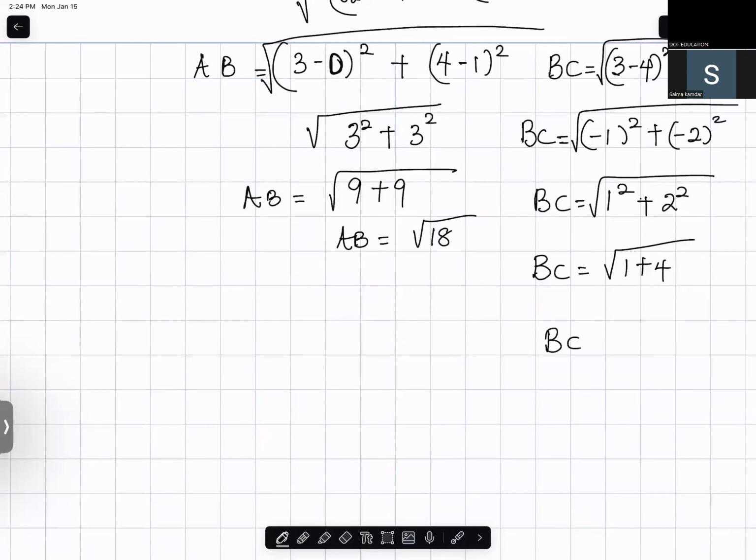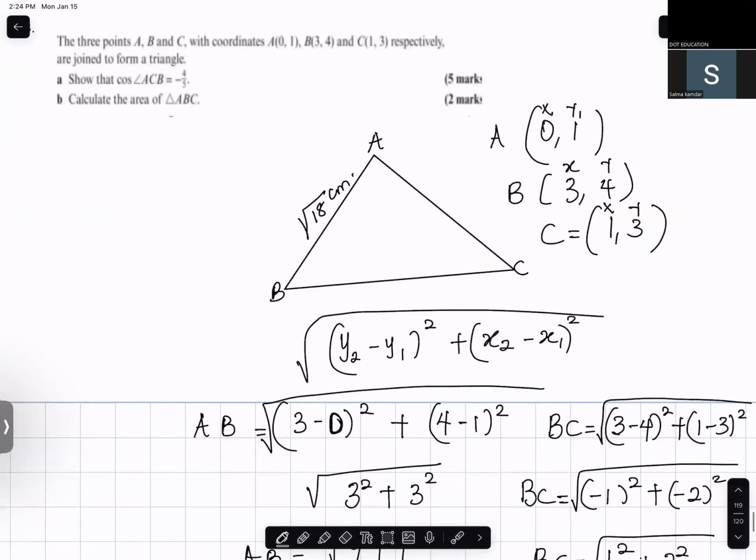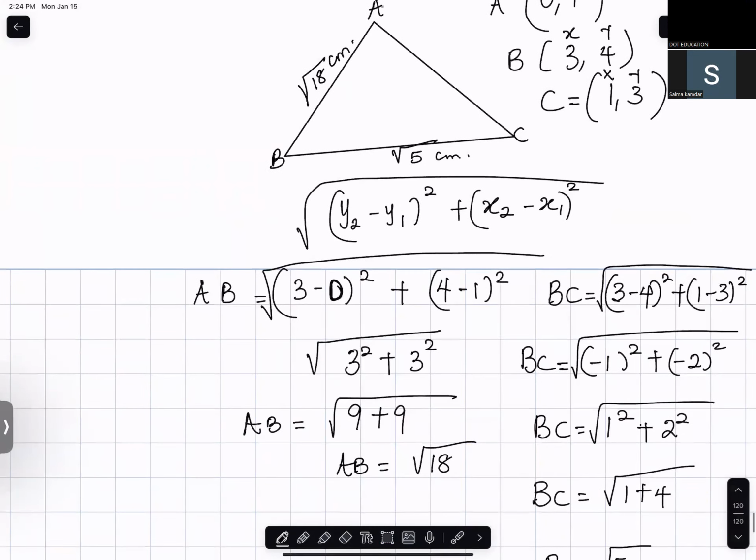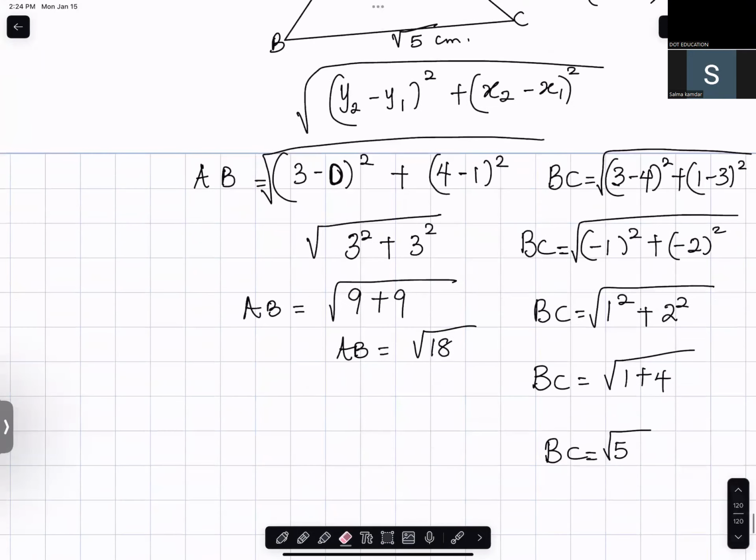By BC, we give root 5. So for the triangle, I have my BC as 5, since we are not working with any given dimension. Then I'm going to look for the last one, which is AC.